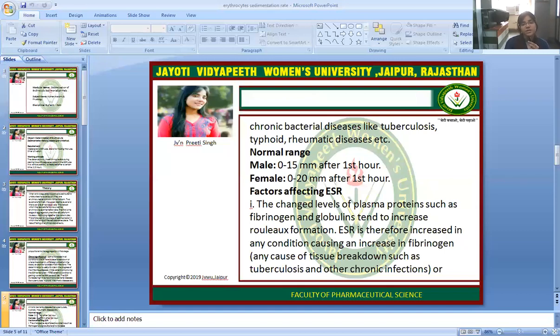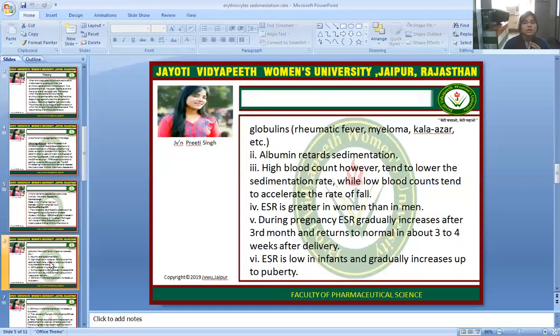The erythrocyte sedimentation rate is therefore increased in any condition causing an increase in fibrinogen, any cause of tissue breakdown such as tuberculosis and other chronic infections, and globulins, as in rheumatic fever, myeloma, and Kala Azar, etc.